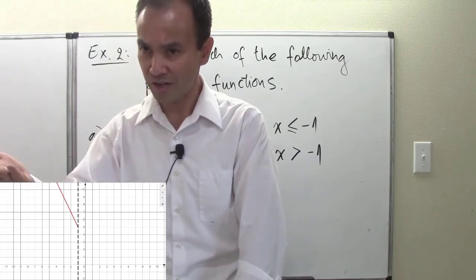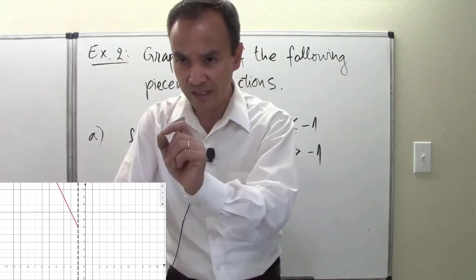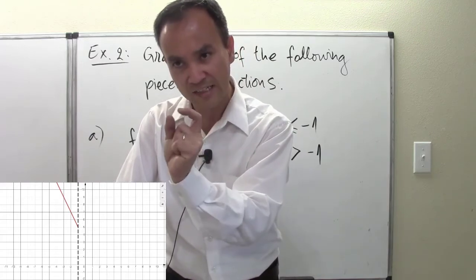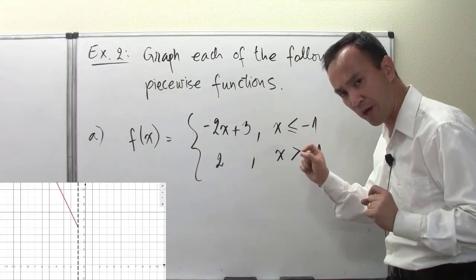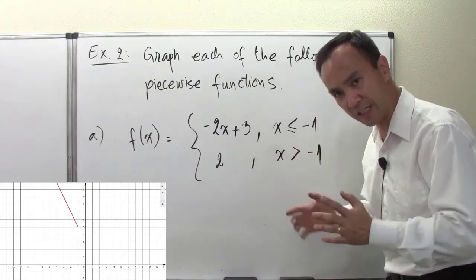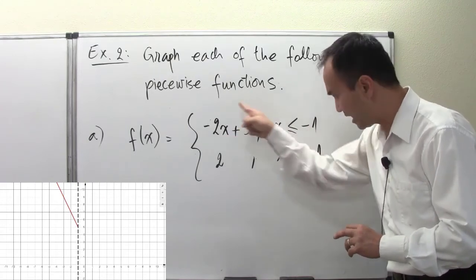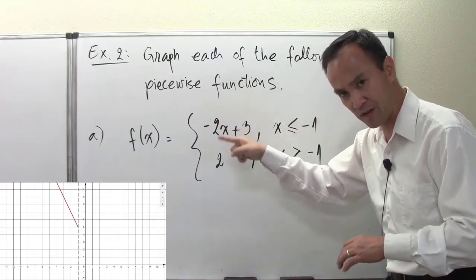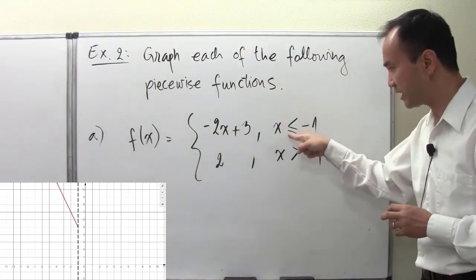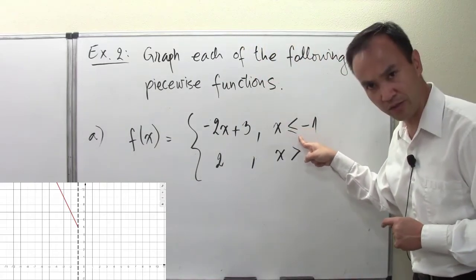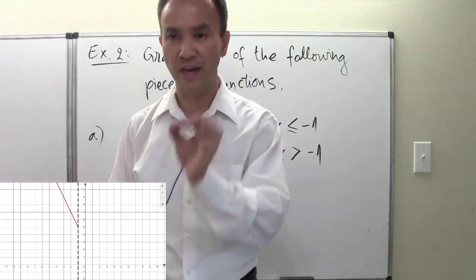The next question, just like the fundamentals you have seen in the demonstration problem: are we taking the endpoint here at x equals -1, or are we excluding it? Are we including x equals -1 in this piece of the graph, or are we excluding it? Okay, so the answer here, according to this inequality, is that we are including it. We are taking it. So that means it's going to have to be a solid point.